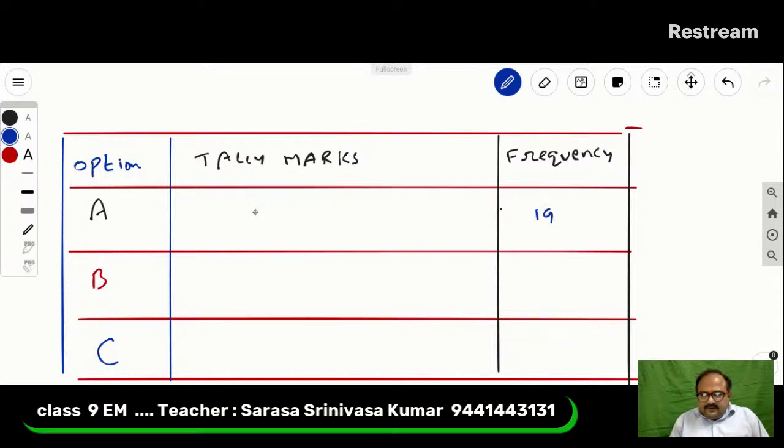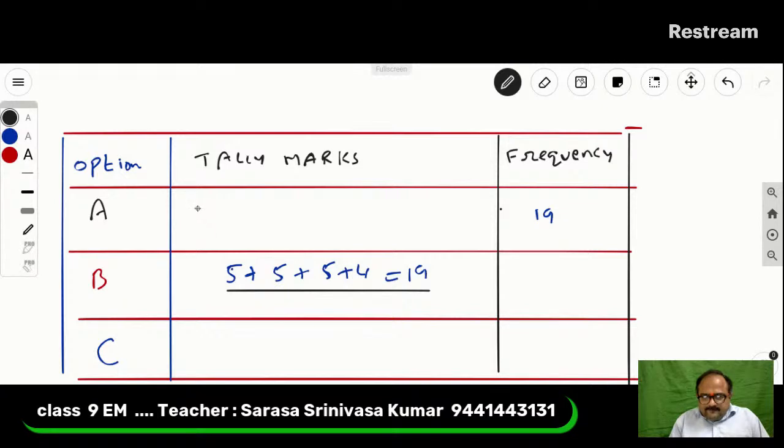So 19 can be written as 5 plus 5 plus 5 plus 4. Total should be 19. So to write tally marks, we are splitting the given number as follows: 5 plus 5 plus 5 plus 4.